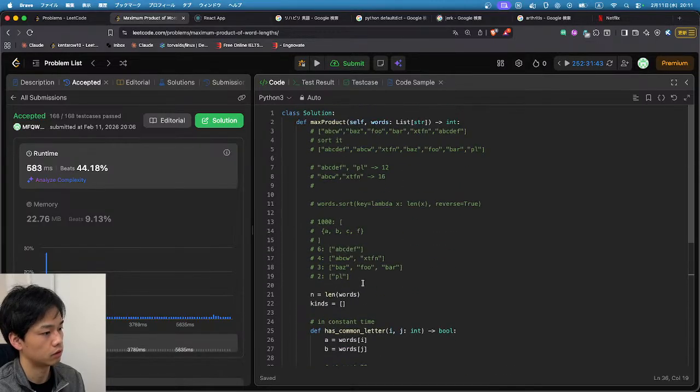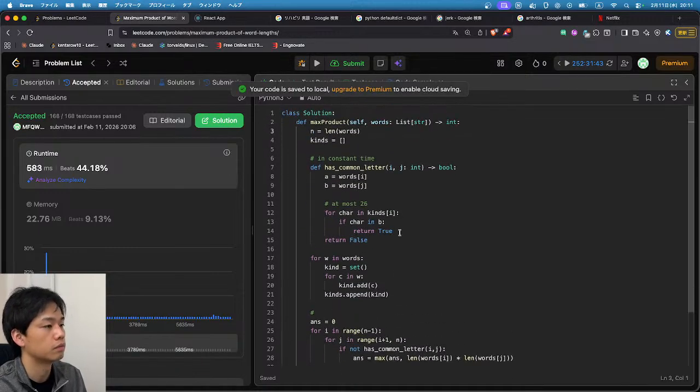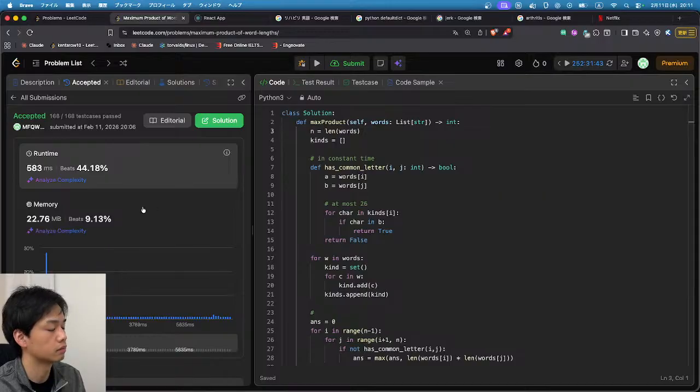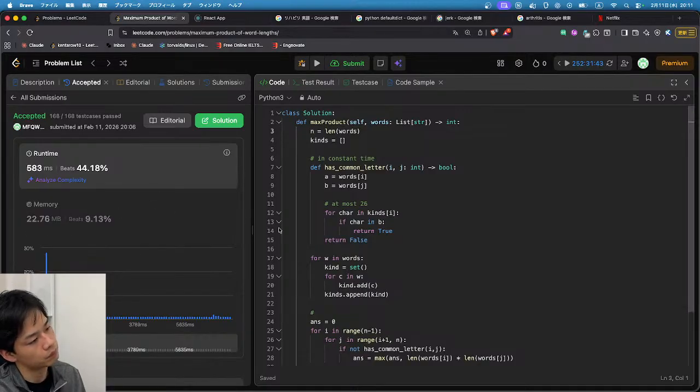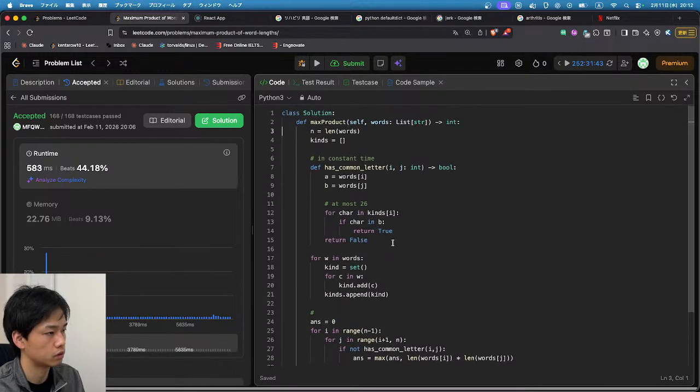So let me use bitmask, because bitmask is more efficient from the perspective of memory. So I'm going to change the code.